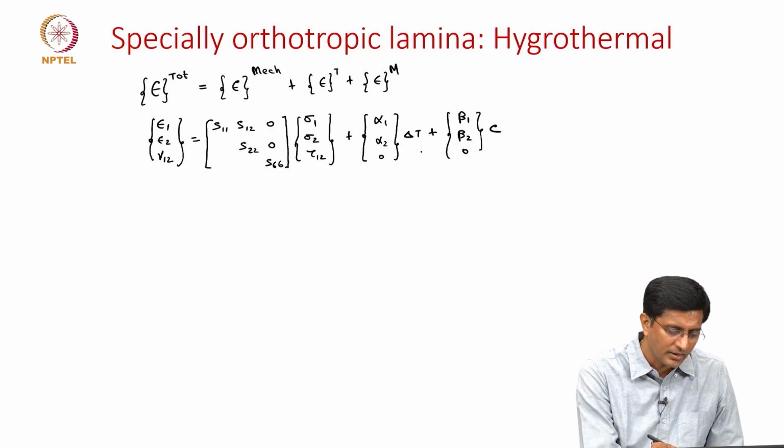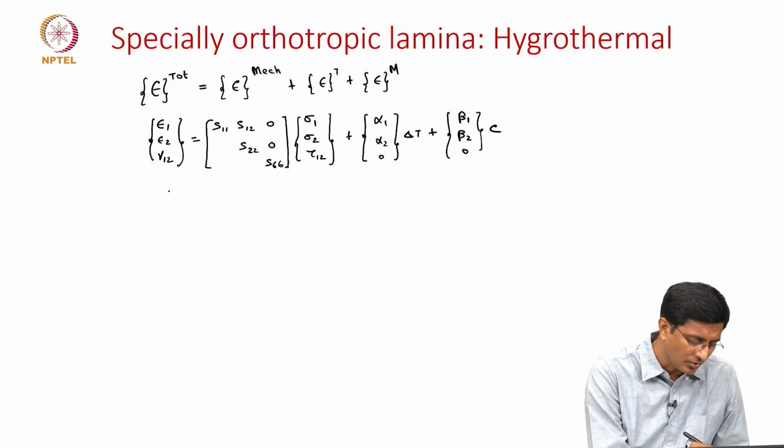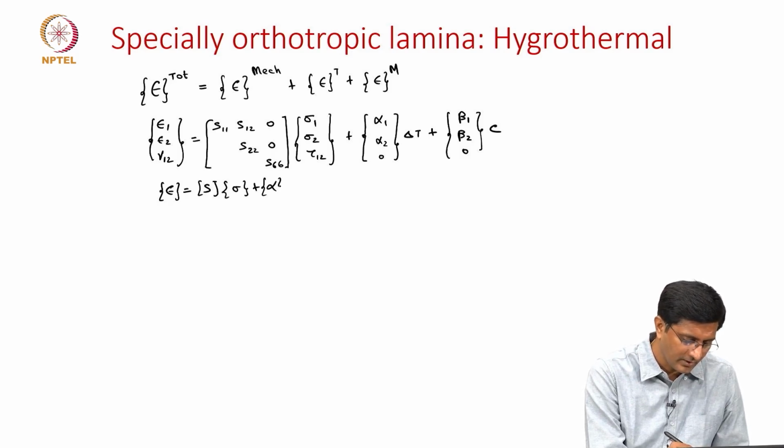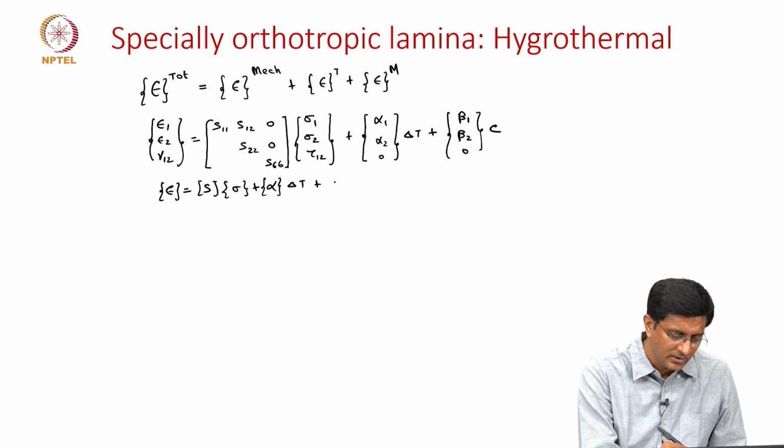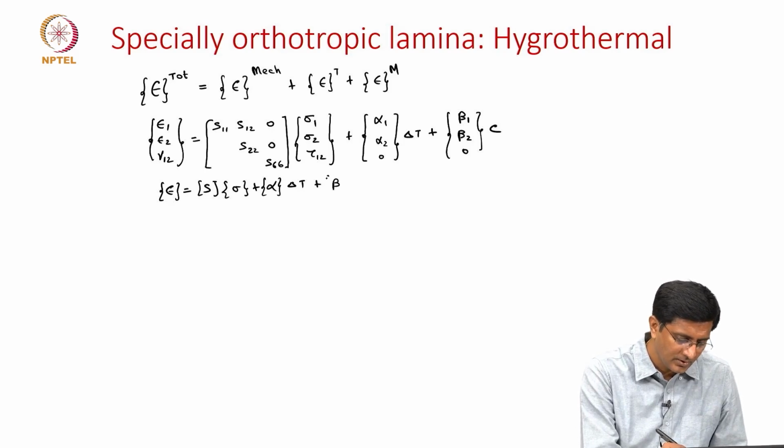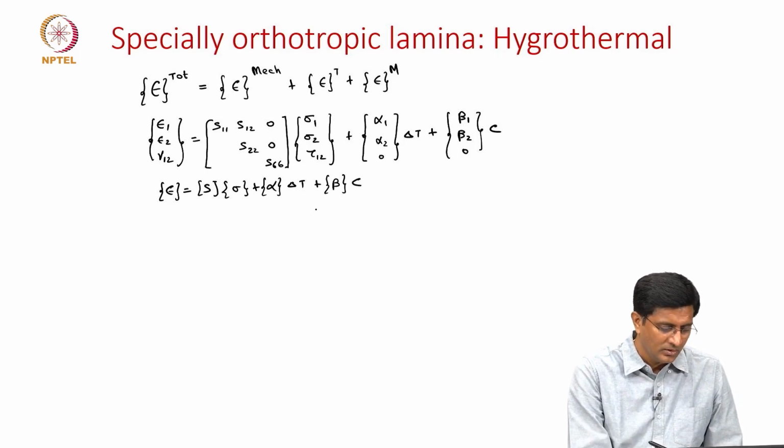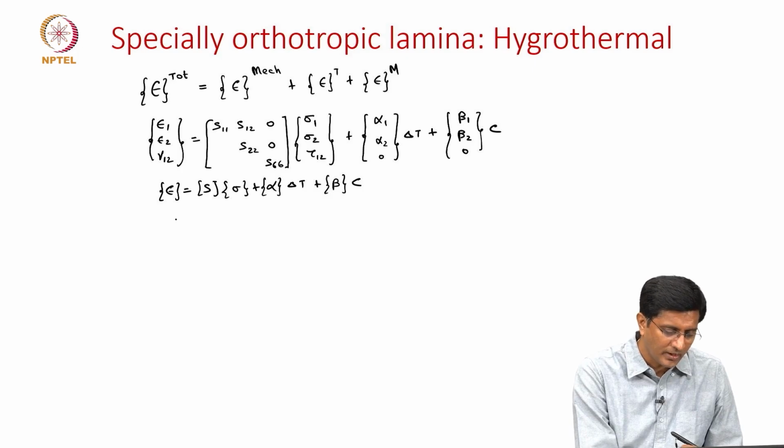Now let's rewrite this expression in a short notation, saying that the total strains are equal to S matrix times the stresses plus alpha vector times delta T, alpha i, plus beta times C. So from this we can also write the corresponding stresses.